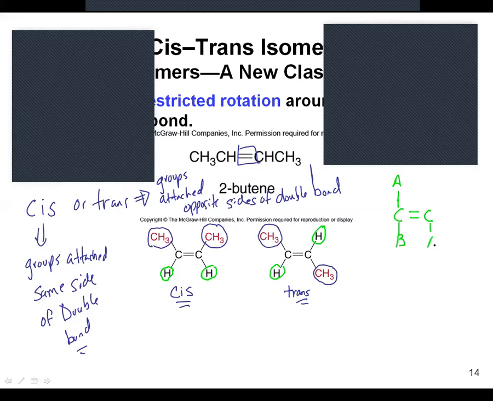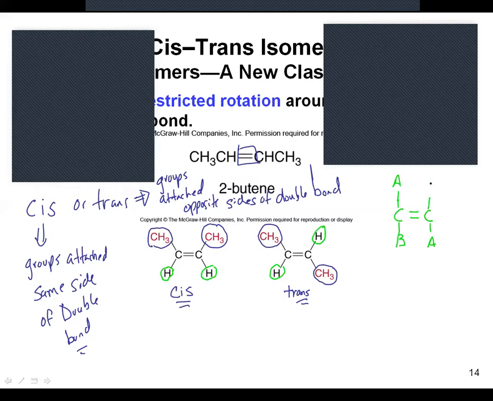So for example, if I had A here and say this is C. Actually, we'll use D, so C is not a good idea in this case. We'll use D. Very badly drawn D. So that is essentially what you need to have in order for an actual cis or trans isomer to exist.